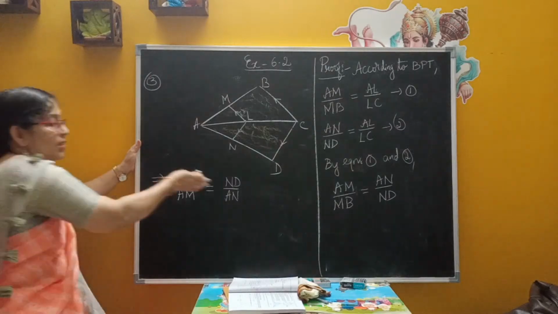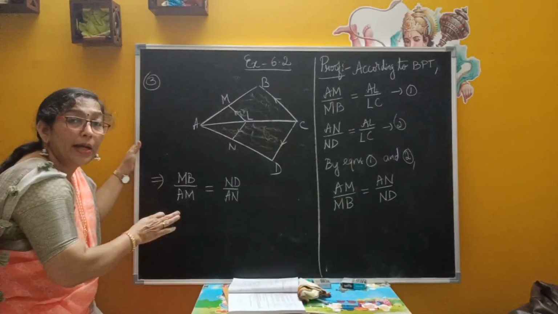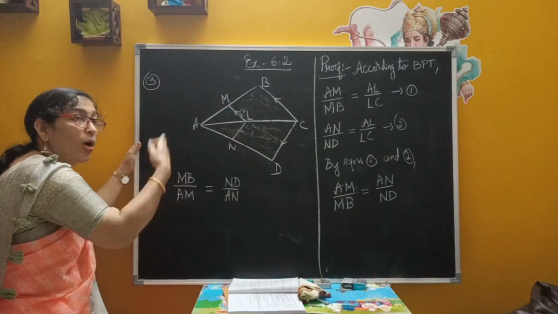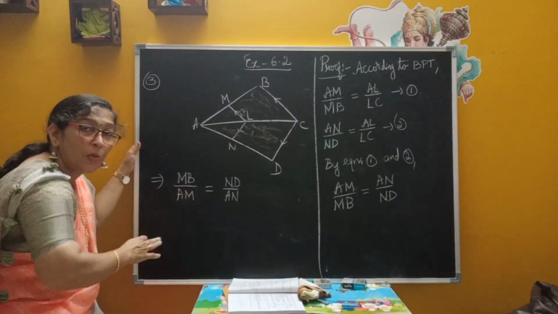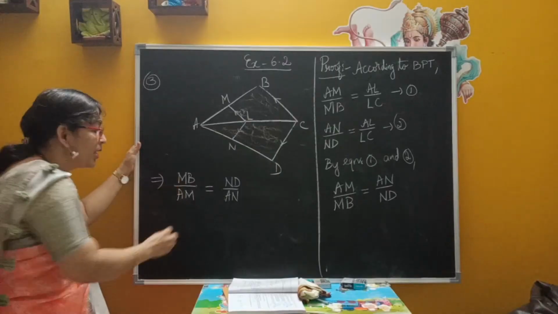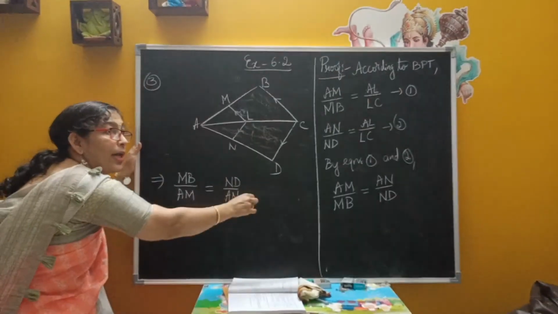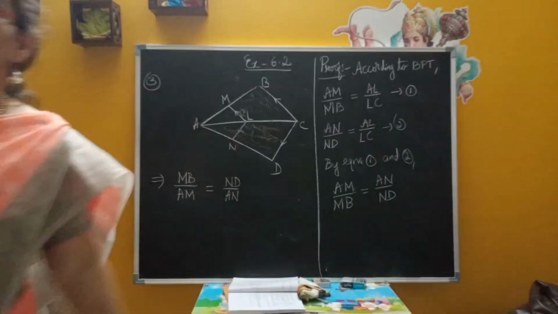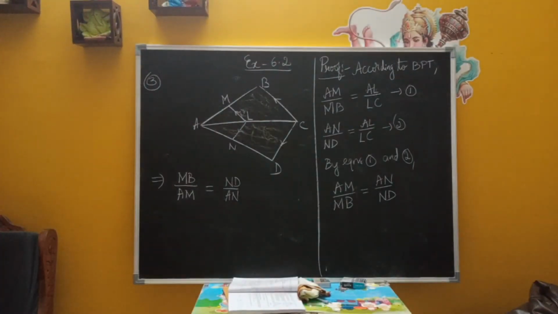So suppose we have two ratios or two fractions. Any number, if you add or subtract it on both the sides, the result remains unchanged. Suppose we add 1 on both sides, the result does not change. Similarly, if you subtract any number on both sides, the result does not change.